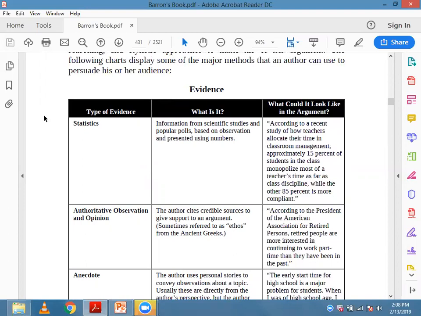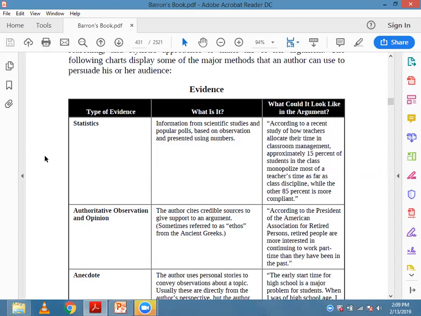For example, if the author is talking about vanishing forests and forest land, and to support his claim, he tells you that in 2010 the forest land was these many acres and today it has fallen down to these many acres. He's giving you a particular number, giving you statistics to prove evidence.